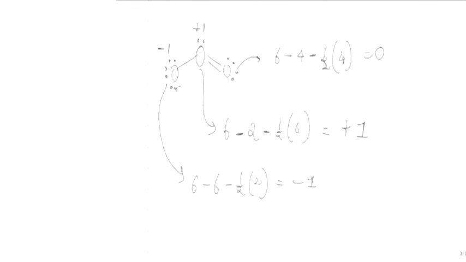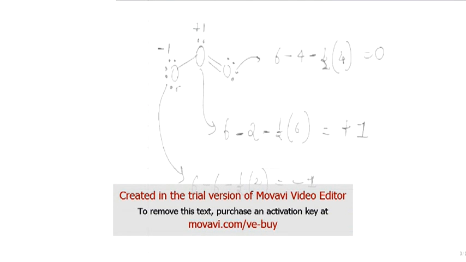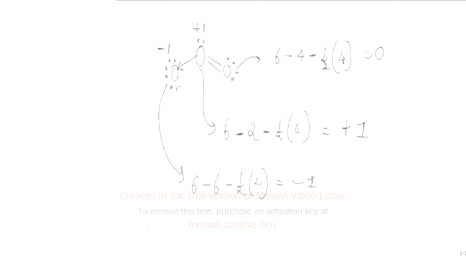So this oxygen is at a net gain of 1 electron, and this oxygen is at a net loss of 1 electron, making this oxygen +1 and this oxygen -1. So we may understand that there must be a coordinate covalent bond between these two oxygens, where this is the donor and this is the receiver. This is the best possible way of detecting the presence of coordinate covalent bonds in molecules.